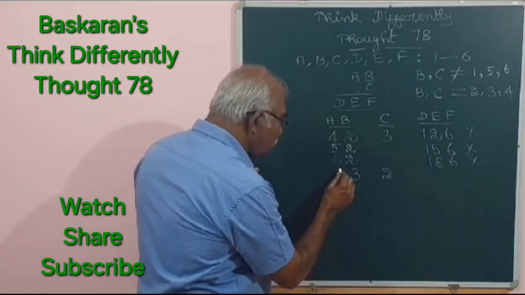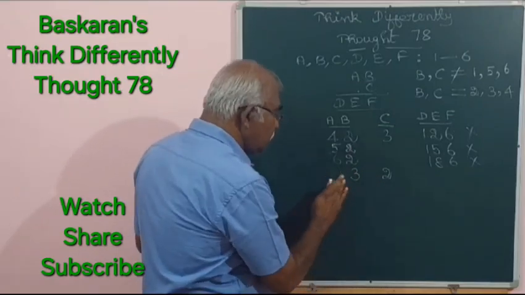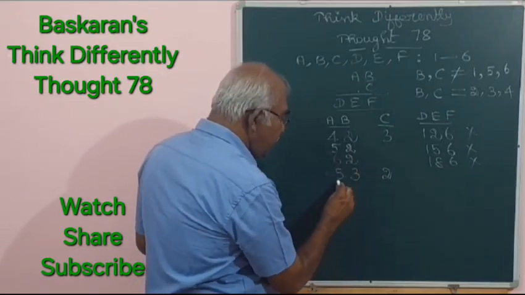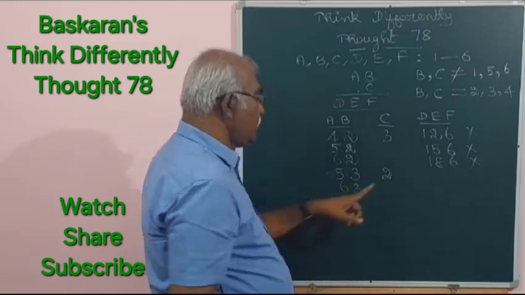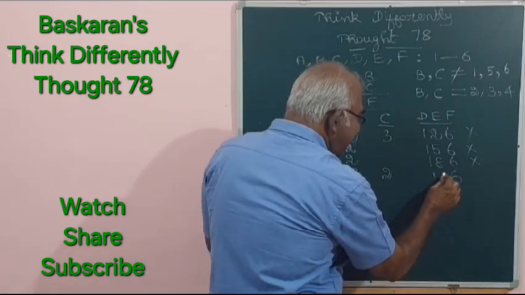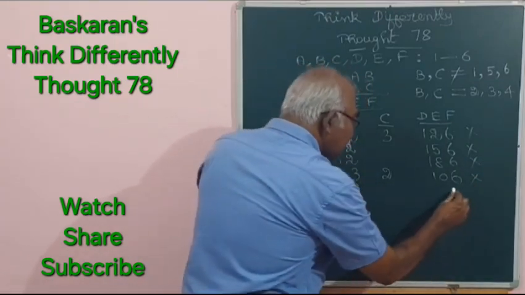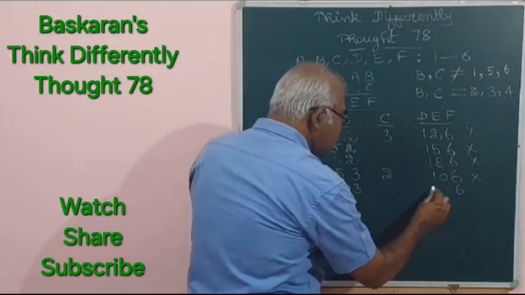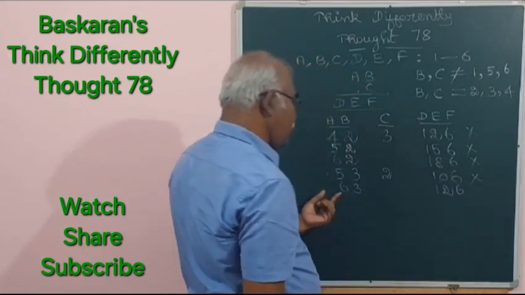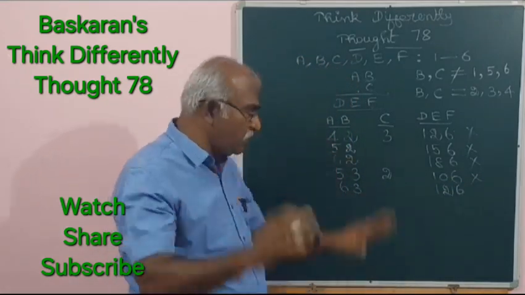You can have 4. No, not even 4. So 5 and 6. 2 3s are 6. 2 5s are 10. 0 comes. 63. 2 3s are 6. 2 6s are 12. 6 comes twice. So this is also ruled out.